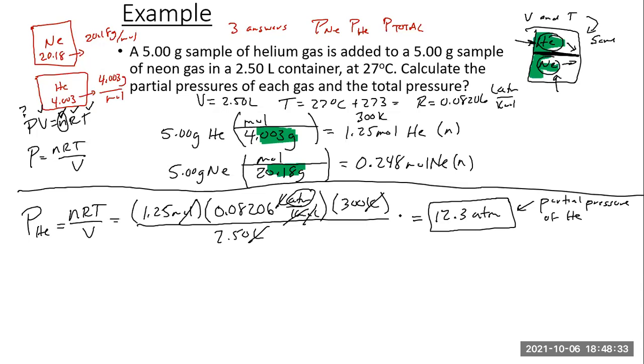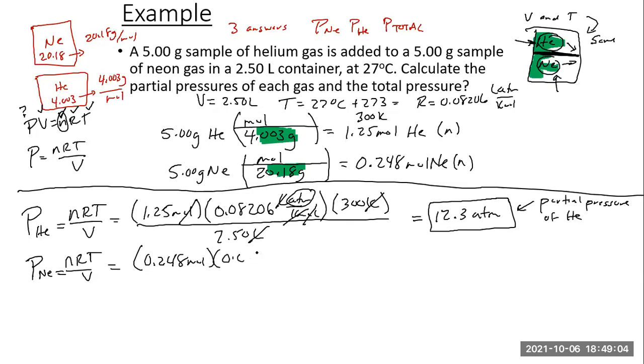We're going to do pretty much the identical calculation. The only thing that's different here is the moles. Remember that because they're in the same container, the volume and temperature will be the same for both of them. So the partial pressure of neon is nRT over V. We want to make sure we use neon's moles here, 0.248.